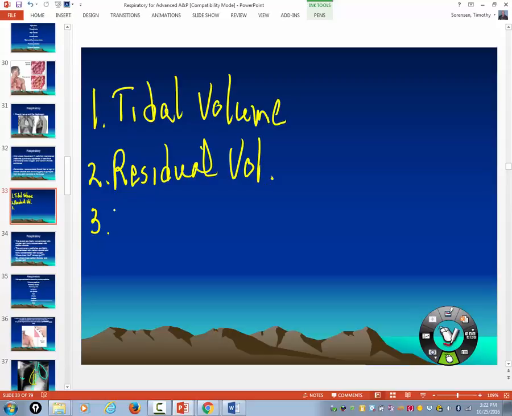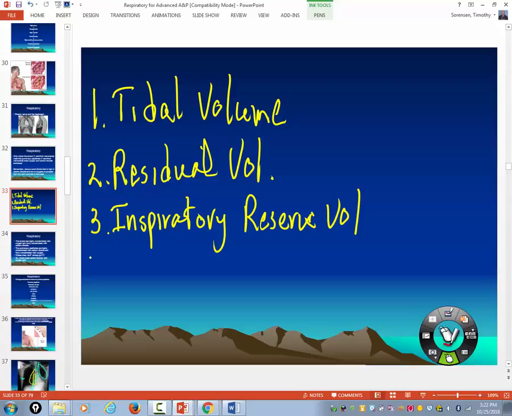Then you have inspiratory reserve volume. You have expiratory reserve volume.